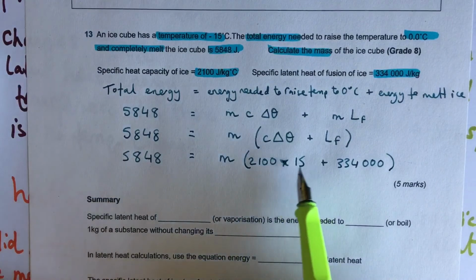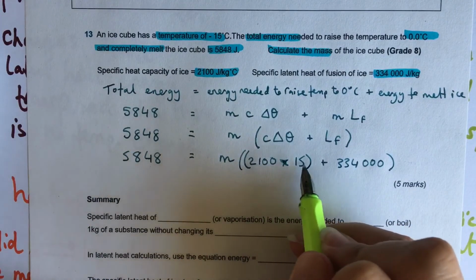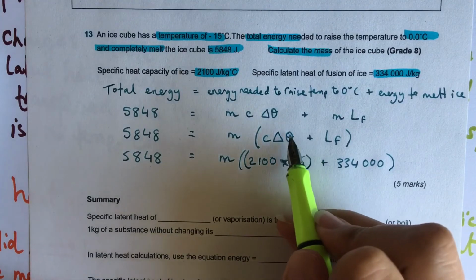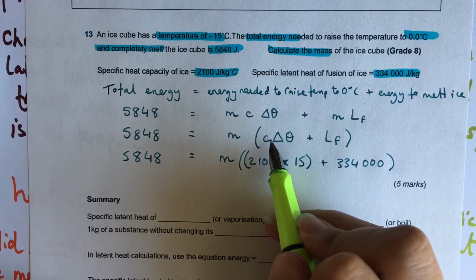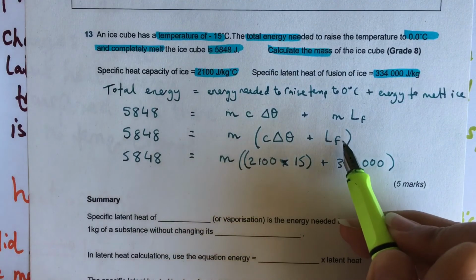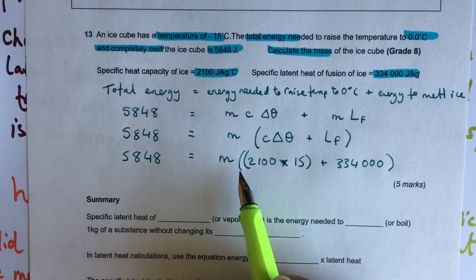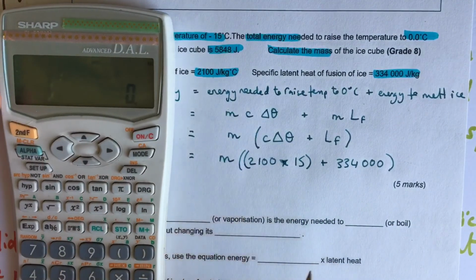The thing I will say is, in terms of the mass, make sure that you are considering these two together. So it's definitely specific heat capacity multiplied by delta theta plus latent heat of fusion. So the first thing that we're going to do is solve whatever's in this bracket, because otherwise it ends up being a little bit messy.